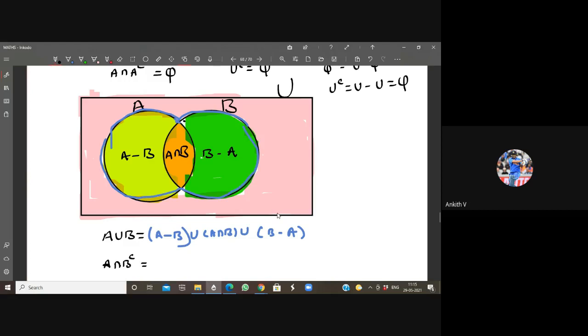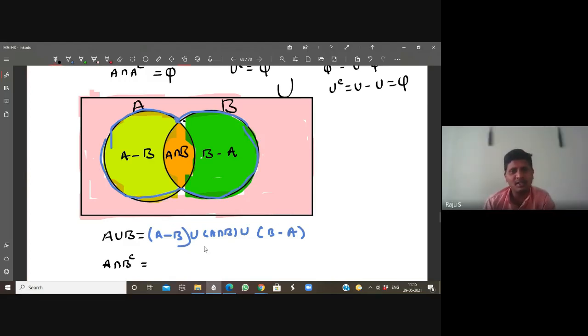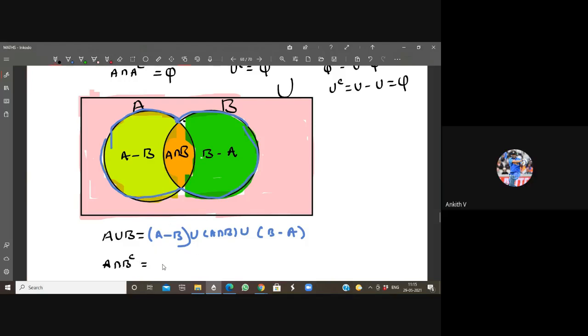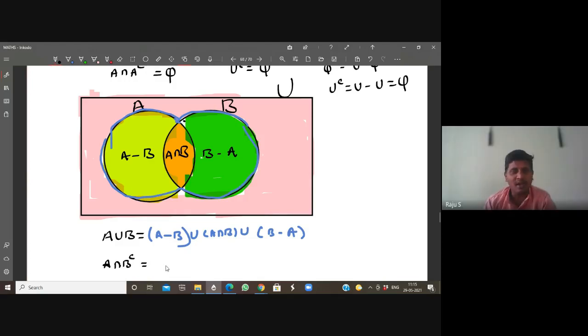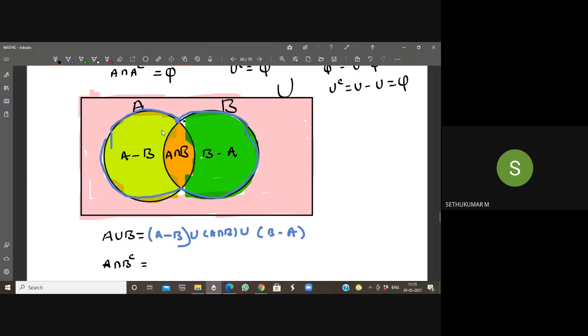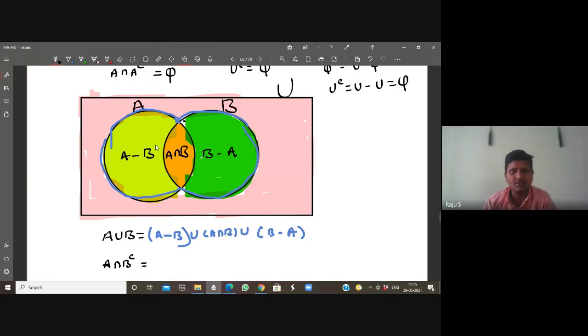Sir, yes. U minus A union B. So what is the region we are going to get here? A intersection B complement region. I want to know the region of A intersection B complement. Nothing but what? A minus B union B minus A? Okay, finally, is it equal to the yellow region or any other region?